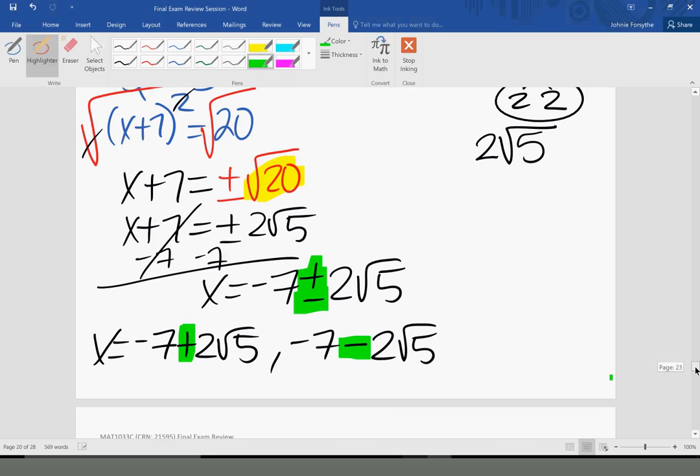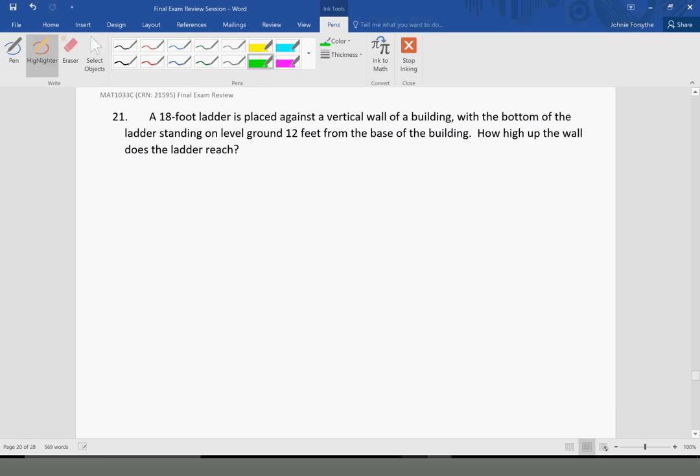All right, let's look at 21. An 18-foot ladder is placed against a vertical wall of a building. So let's draw that building. I'm an artiste.